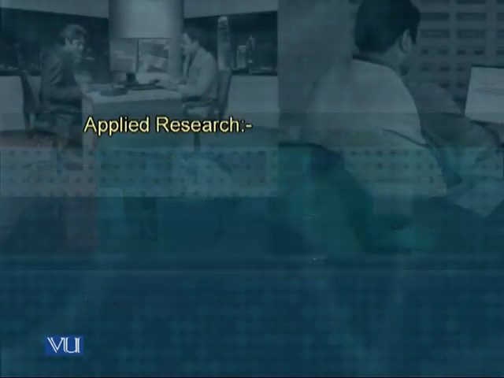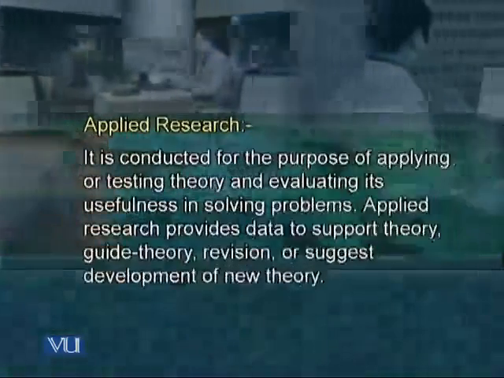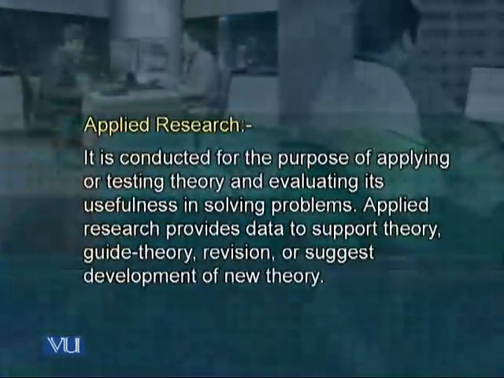The second method that we can use for the classification of research by purpose is the applied research. Now, as the word itself says, applied, so we'll be able to understand its meaning too. Let's read this slide, which will make it clearer.